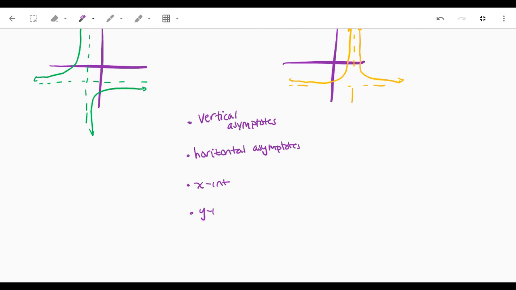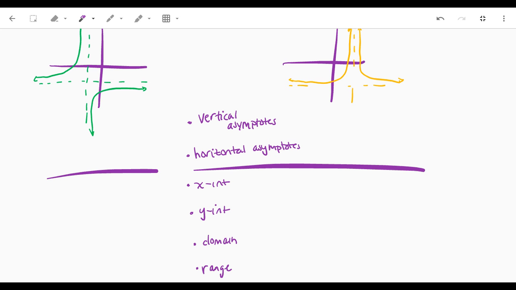They want you to find y-intercepts. Okay, and then they want you to find domain. There's a lot going on here. And range. Okay, so we're going to do this for each of these. I'm going to make kind of a table here.